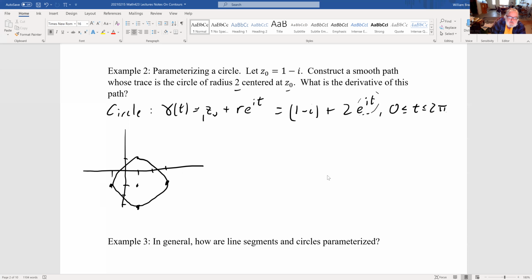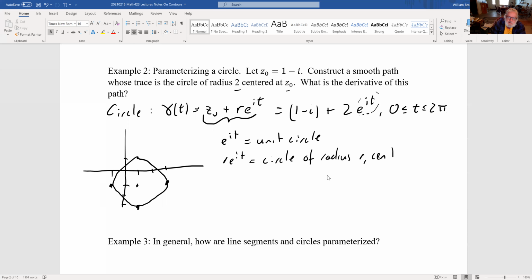One way to think about this is e to the it is the unit circle. r e to the it is a circle of radius r centered at the origin. So the r is just a rescaling of the unit circle, and then z0 plus r e to the it means move the center to z0.